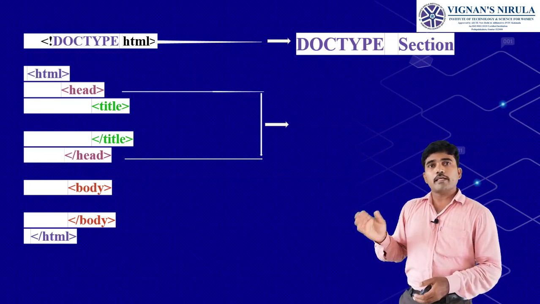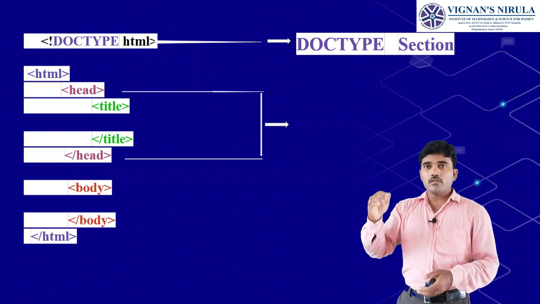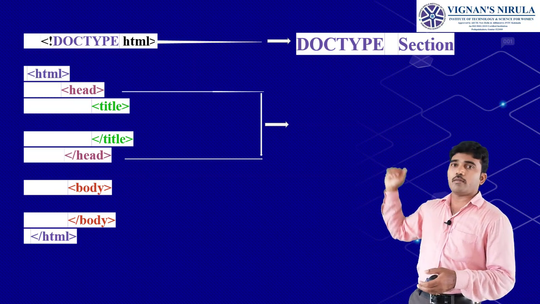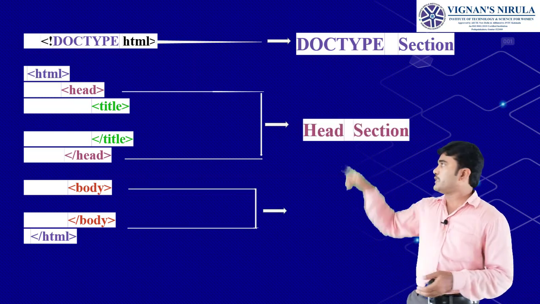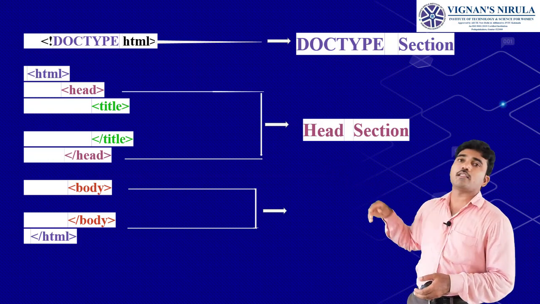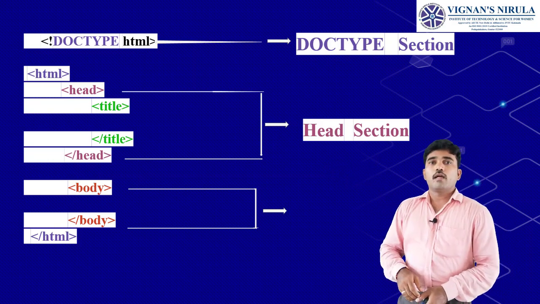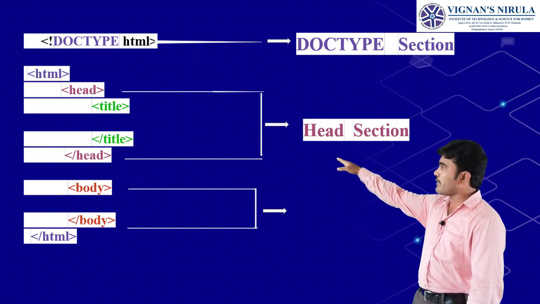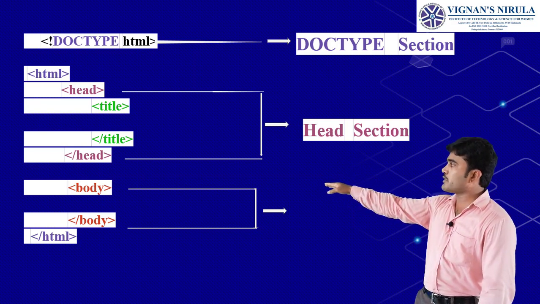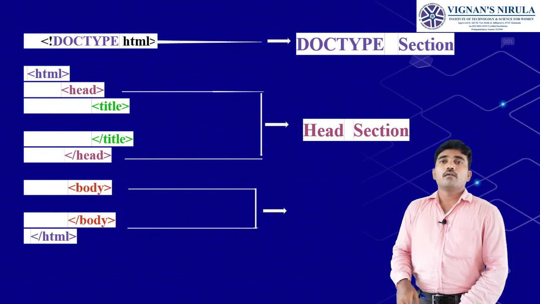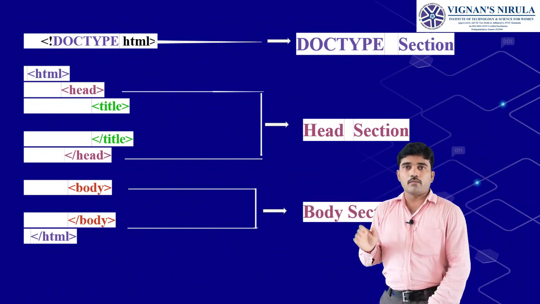And if you observe the second section, as usual we start the HTML, and followed by that we have head, so this section can be considered as the head section. And in the last you have the body, and as usual at the end the body is also closed, which is preceded by slash. Students, what about this section?